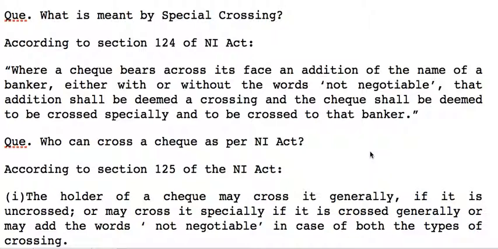It cannot be paid to anybody else. Yes, in case some bank is acting on behalf of that bank, even then you can pay, but the bank should certify that it acts for and on behalf of this bank. So this is covered under Section 124.